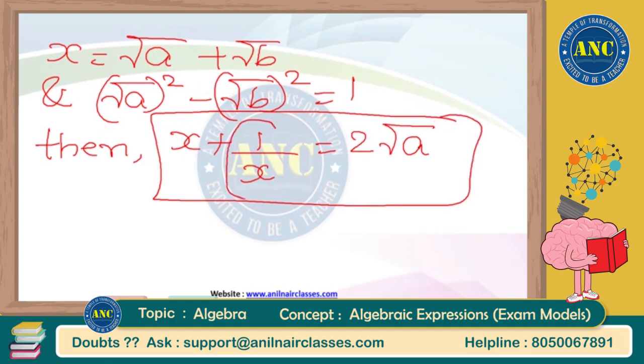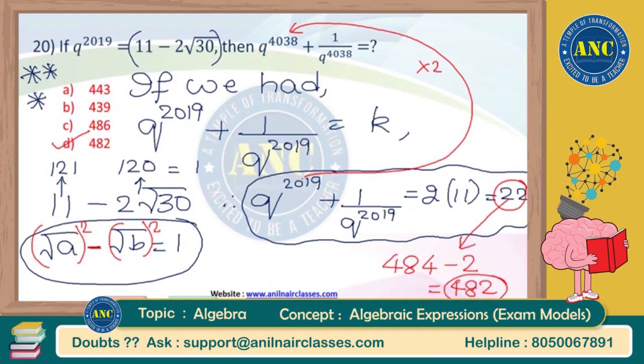Because the 1 by x was missing in the question, I am using this condition initially and getting the 1 by x term also added with x, and thereby later it is very simple to convert. First of all, root a whole square I can write as root 11 whole square, so it is 121 minus 120. That difference is nothing but 1.